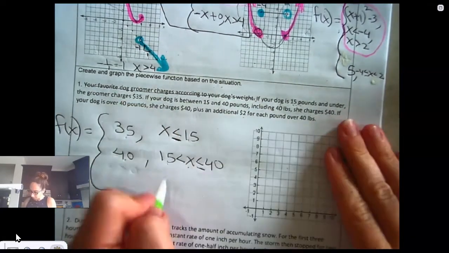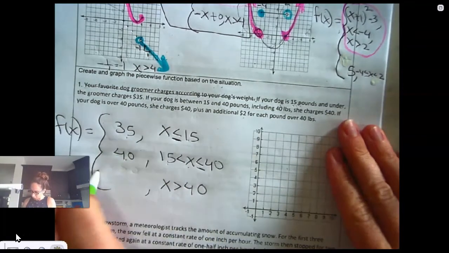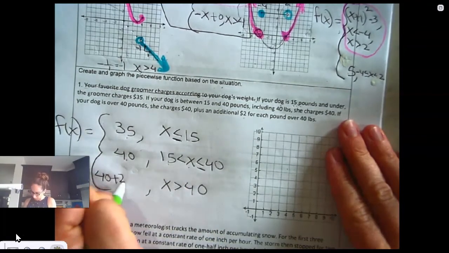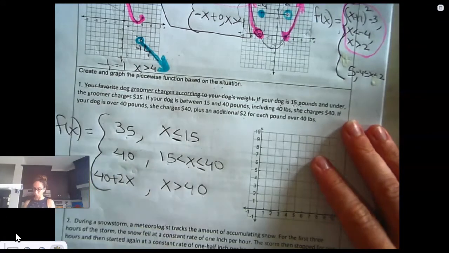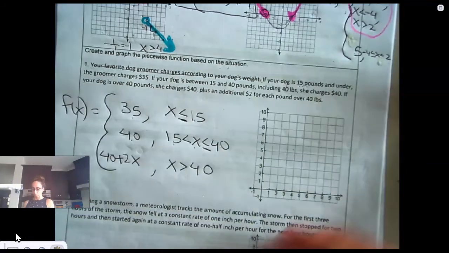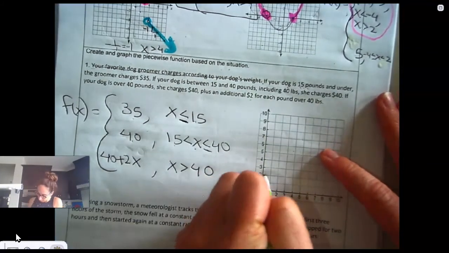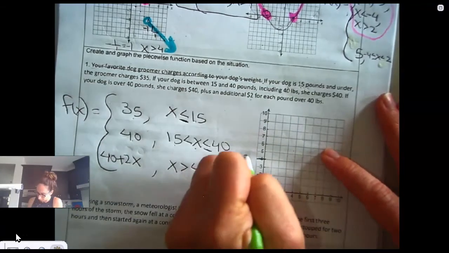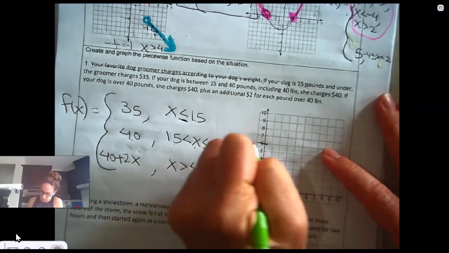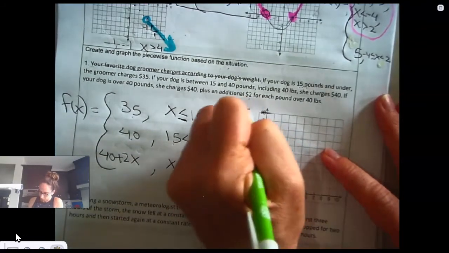Then if your dog is over 40 pounds, they charge you $40 plus $2 for each additional pound over 40. Okay? So if I was to graph this, the y-axis is pretty horrible. So we'll say this is 10, 20, 30, 40, 50.